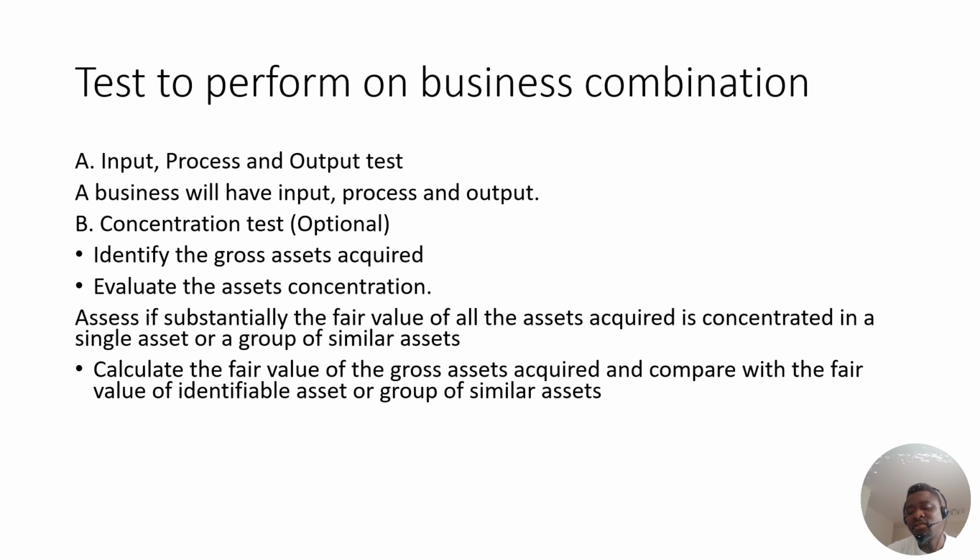And the last part of the test is to compare the fair value of the gross assets acquired with the fair value of the identifiable assets or group of similar assets.